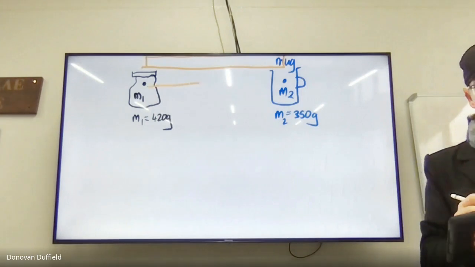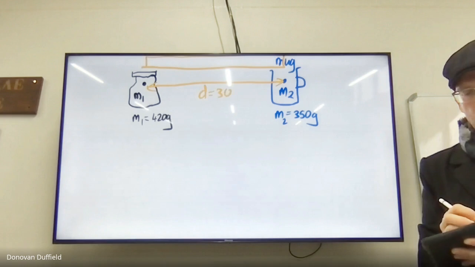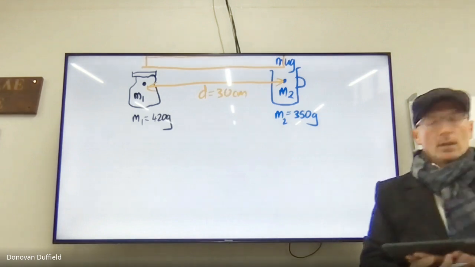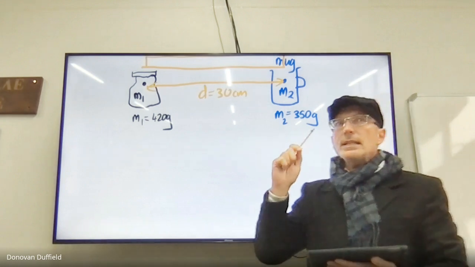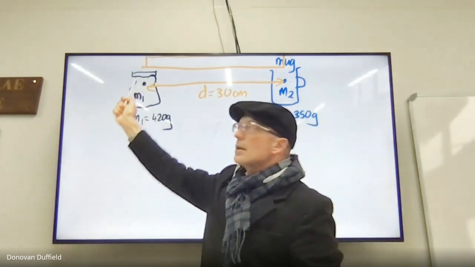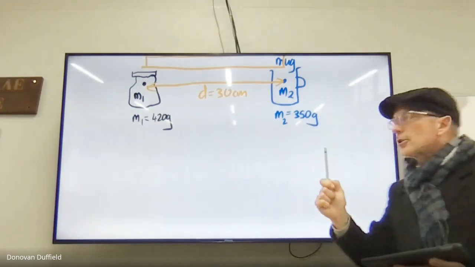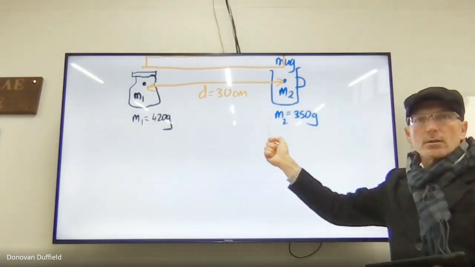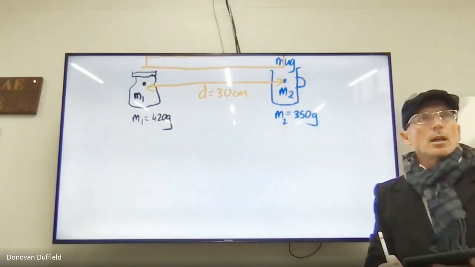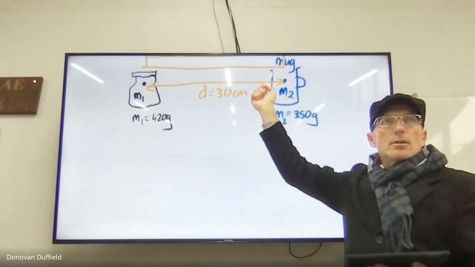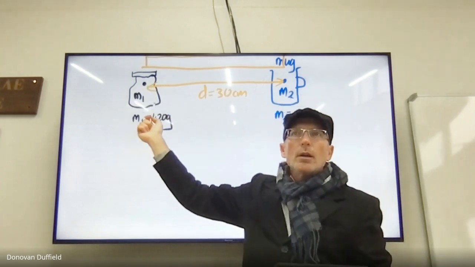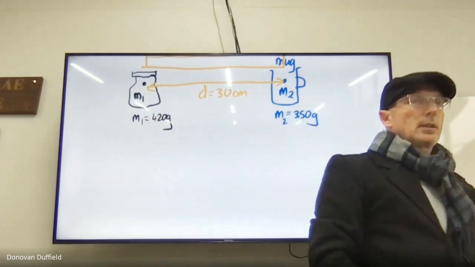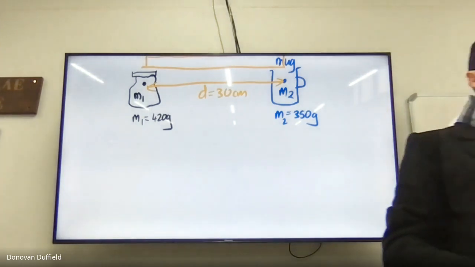So the distance between these two is 30 centimeters. Newton said the following. He said every single particle in this bottle is going to be attracted to every single particle in that mug. And every single particle in that mug is going to be attracted to every single particle in that bottle.